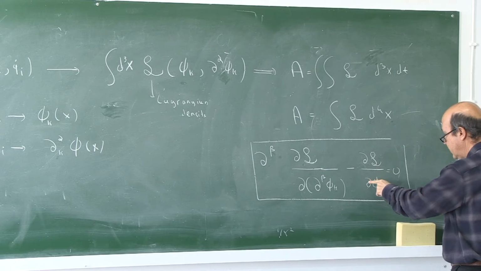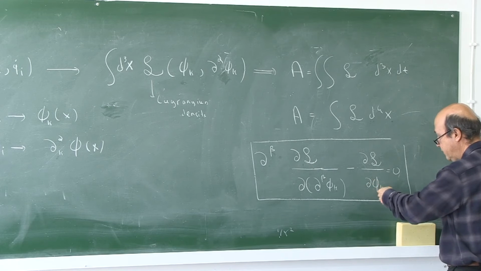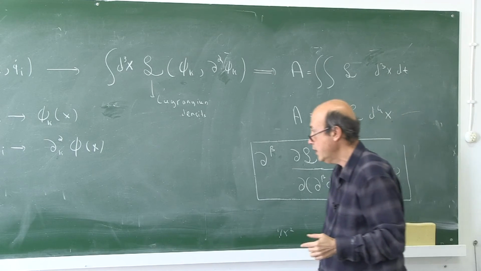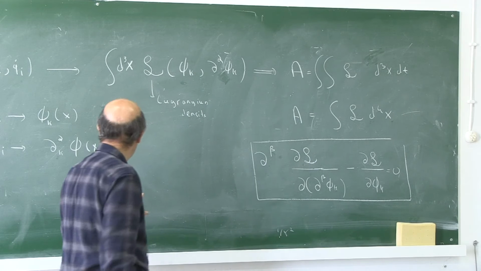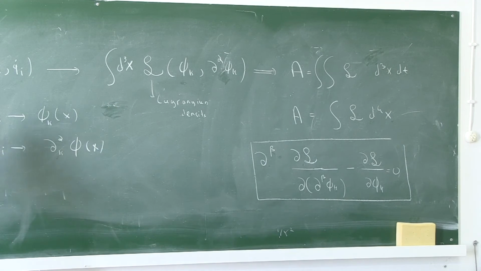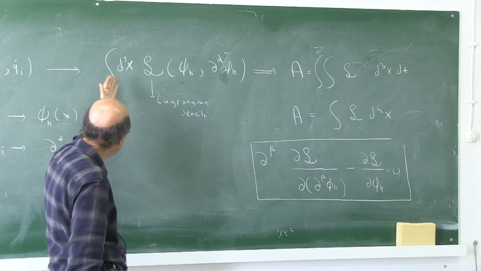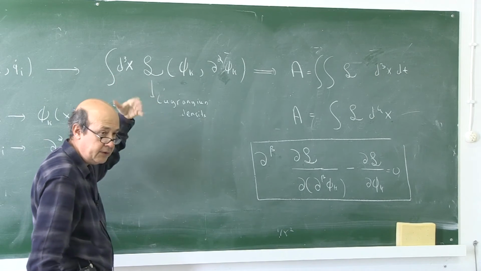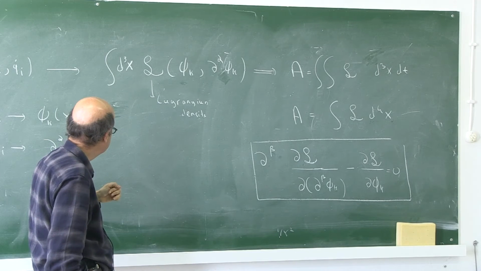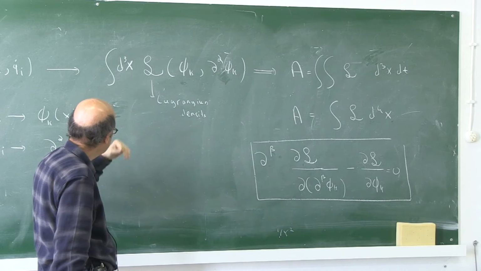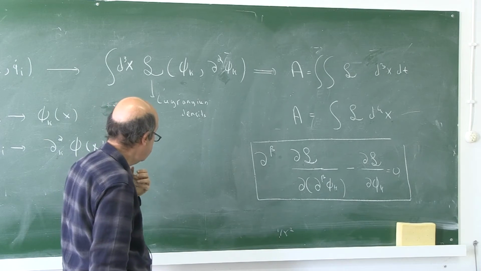So, the derivative of the Lagrangian density with respect to the coordinates. These are the definitions. Okay. So coordinates are replaced by fields, and derivatives of the coordinates are replaced by derivatives of the fields. The Lagrangian is replaced by the Lagrangian density, and the Lagrangian is defined as the volume integral d cube x of the Lagrangian density.